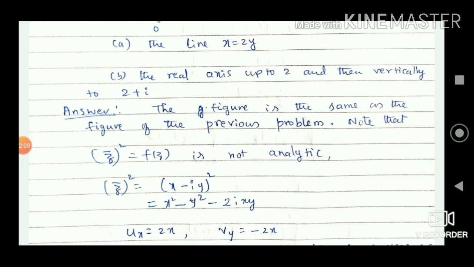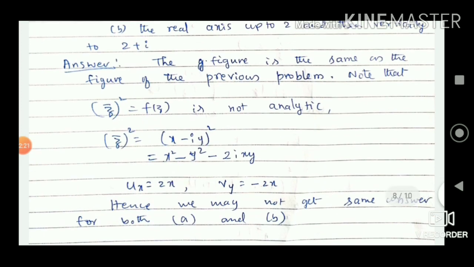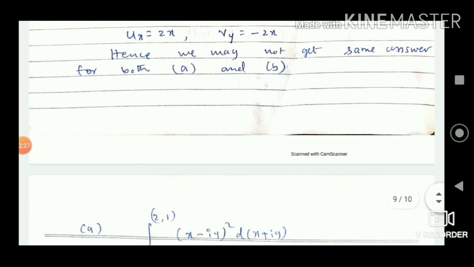And if I take v as minus 2xy, its partial derivative with respect to y is minus 2x. Ux is not equal to vy. Hence, the given function is not an analytic function. So, we cannot expect that the answers obtained in A and B will be the same. That is going to happen in this case.